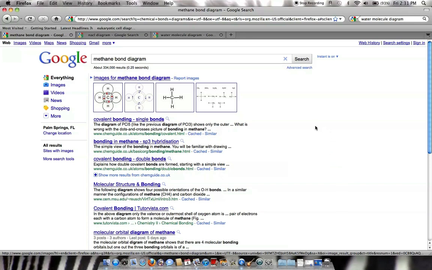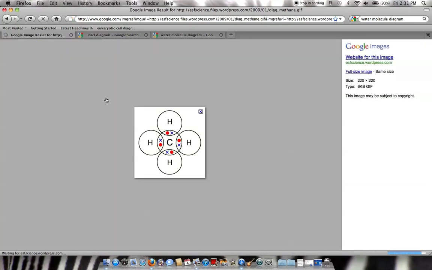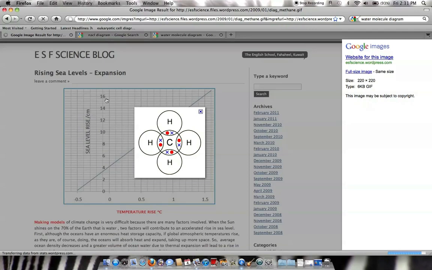As you can see, there's a lot of different things showing up, but my interest for you today is for you to actually see what is happening when these electrons from different atoms are bonding to make a molecule or a compound.